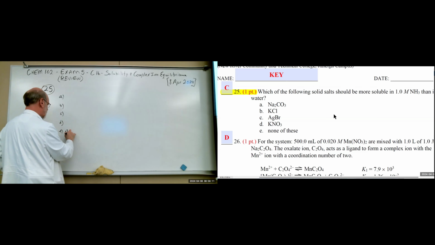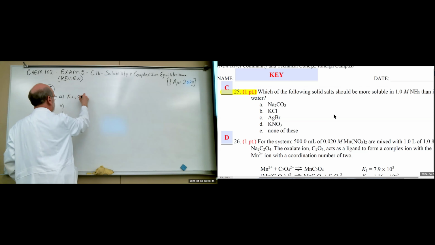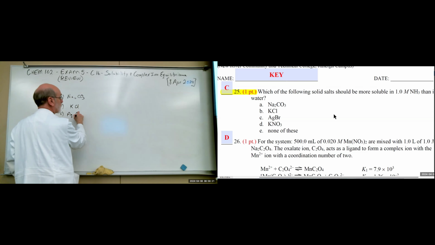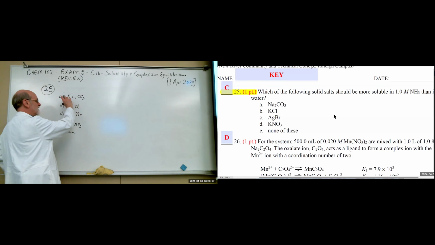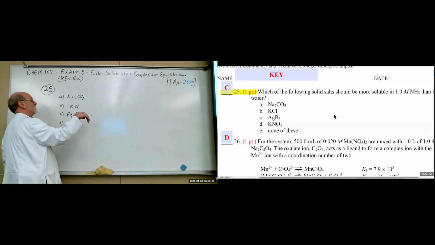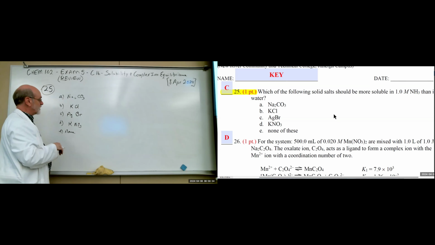How about sodium carbonate, potassium chloride, silver bromide, and potassium nitrate? Well, sodium carbonate is completely soluble in water. Potassium chloride is completely soluble in water, so is potassium nitrate.